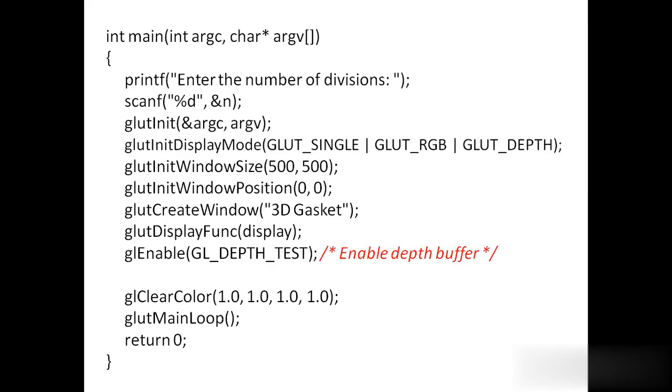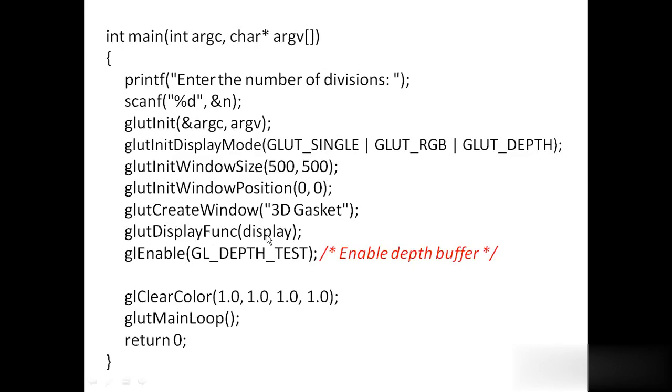We are initializing glut by passing argc and argv, and we are setting the glut initial display mode, which has GLUT_SINGLE, GLUT_RGB and GLUT_DEPTH. We are giving all 3 modes for displaying. It is single, it has RGB color and it has depth. We are mentioning the window size also as 500 by 500.